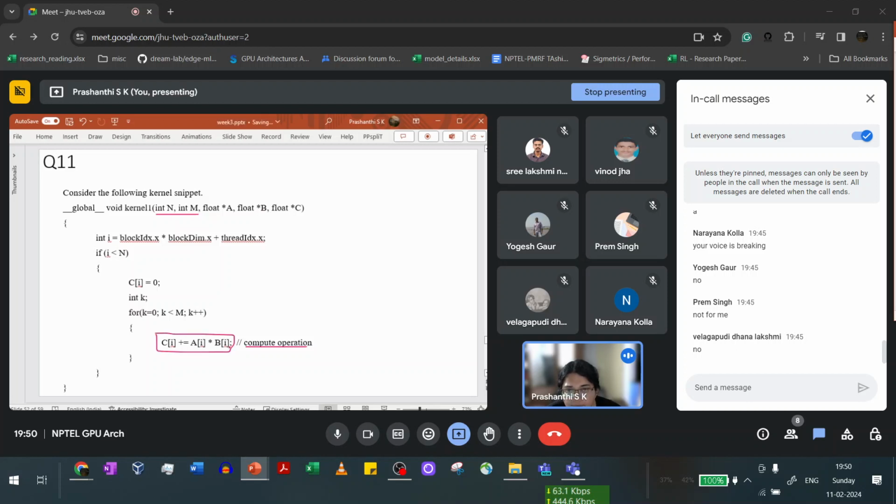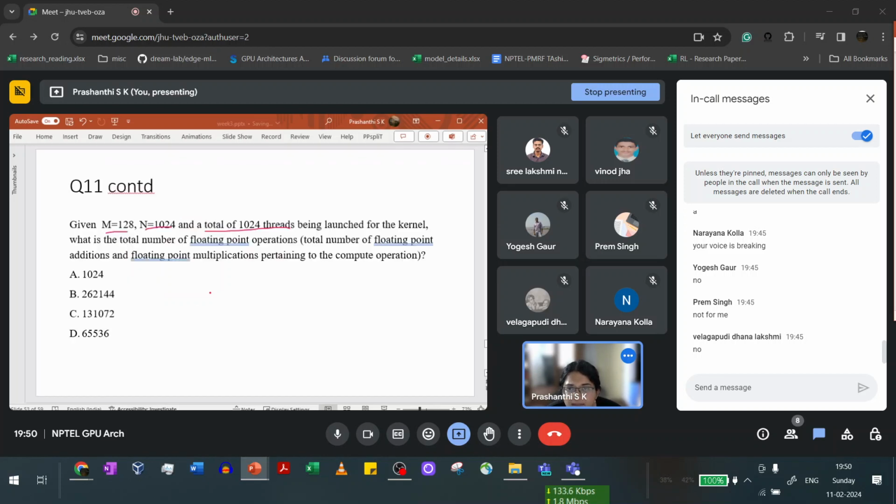You've already looked at this operation. The only thing that changes here is the m, n and the number of threads. So think about that and let me know which of these matches it. If you want me to scroll back to the kernel code, I can do that. Just let me know.